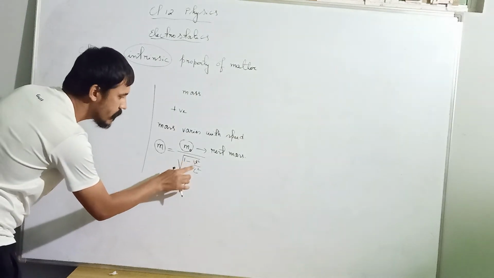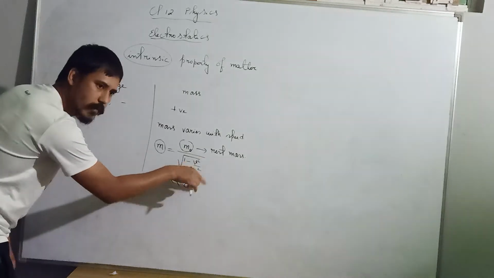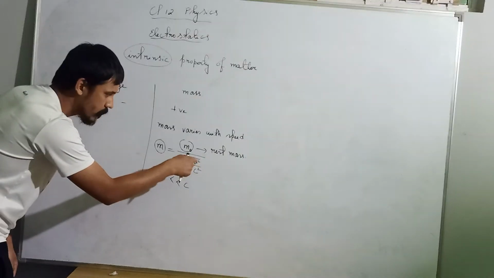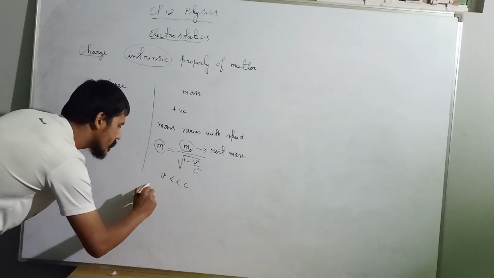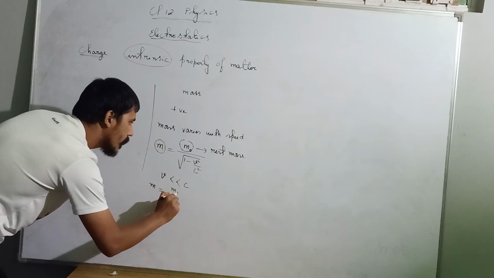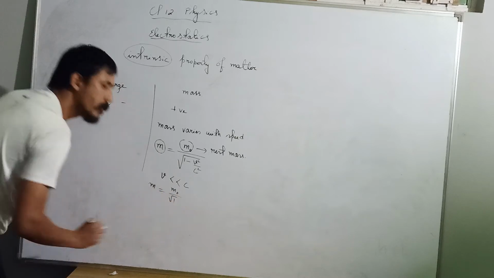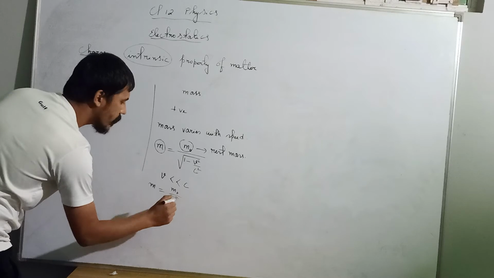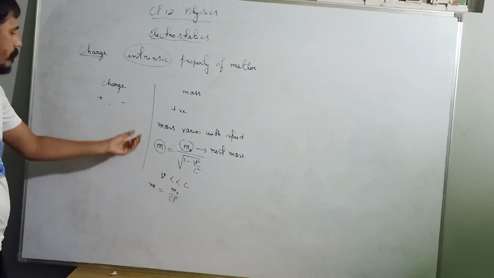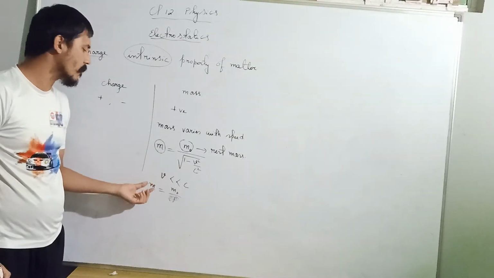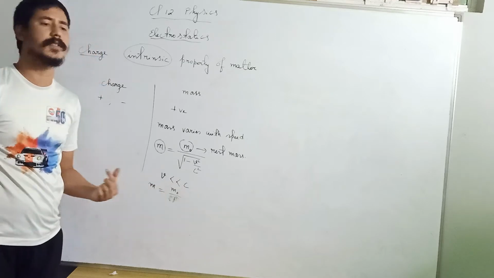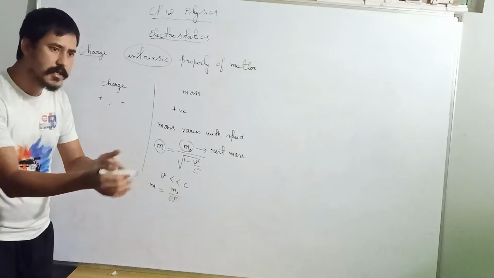In that case, v squared by c squared will be 0. Then m will become m naught upon square root of 1 only. Square root of 1 is 1. In that case, the mass of an object in motion will be equal to its rest mass only. No change in mass.